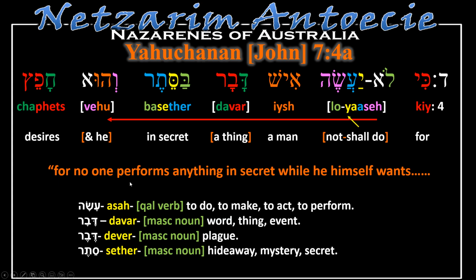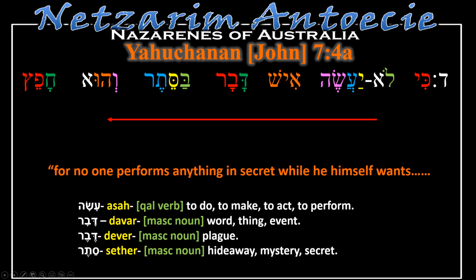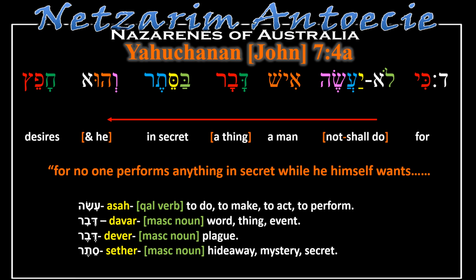So the translation is: no one performs anything in secret while he himself wants. So we're going to read that now. And it is, ki lo ya'aseh ish davar ba-seter v'hu chafetz. For not shall do a man a thing in secret, and he desires.